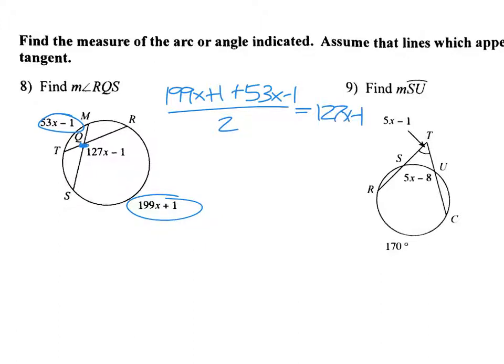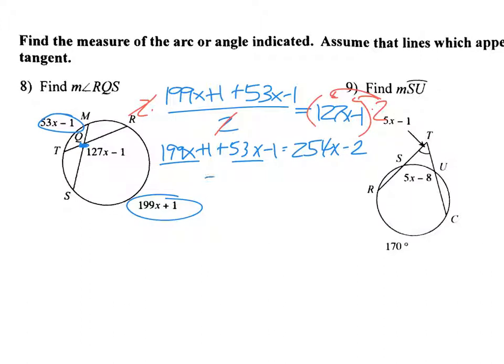So just a lot of algebra here. Let's get rid of the 2 now. Make sure you do distributive property here. So that gives me 199x plus 1 plus 53x minus 1 equals 127 times 2, which is 254x minus 2.